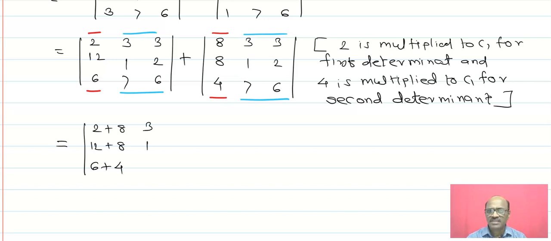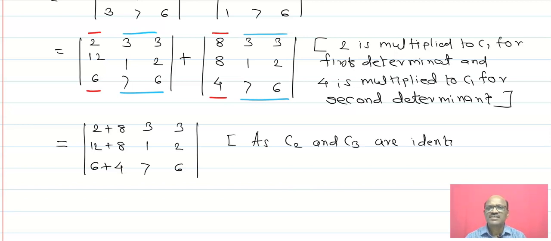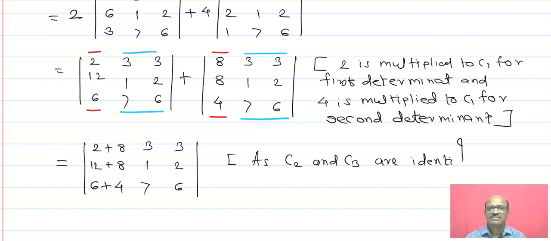Now here the two columns are identical, therefore the first column is written as 2 plus 8, 12 plus 8, 6 plus 4, and that's why C2 and C3 are identical.